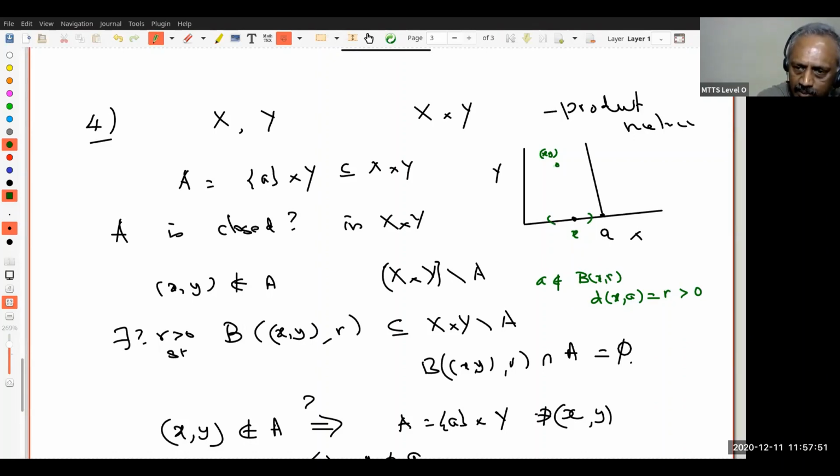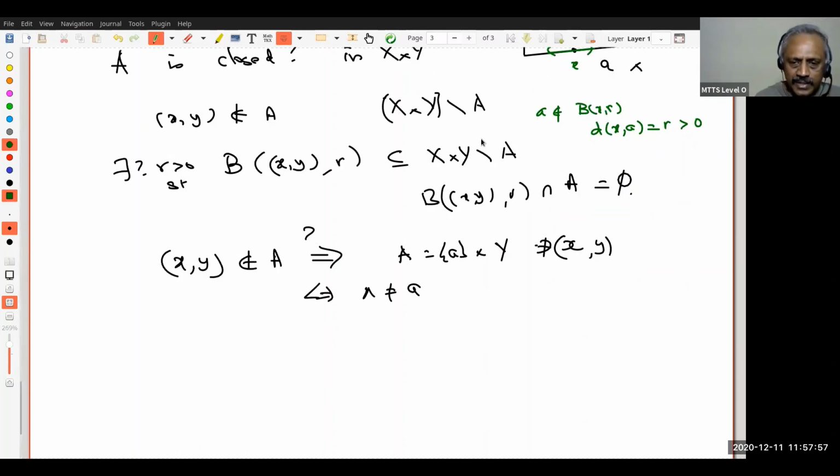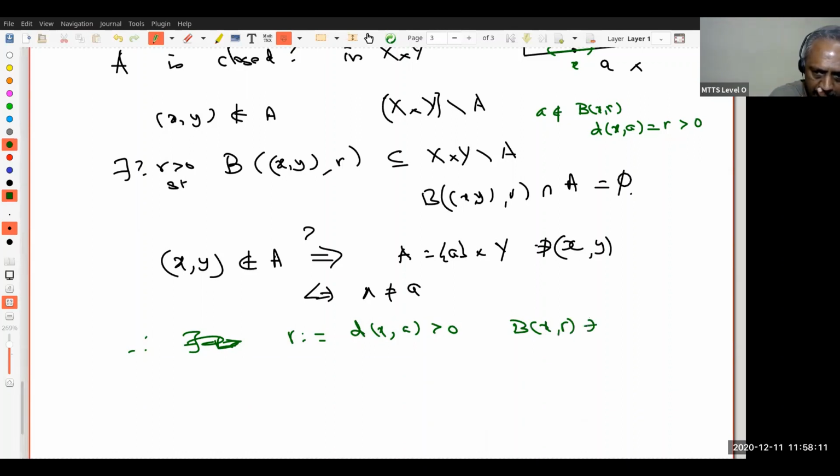Now, I have found an open ball here, but I want an open set in X cross Y. What is the easiest way to do that? So therefore, there exists an r positive. Let r equal the distance between x and a. This is positive. Therefore, B(x, r) does not contain a. You understand? Very good.